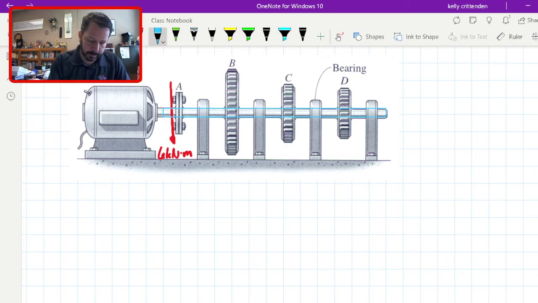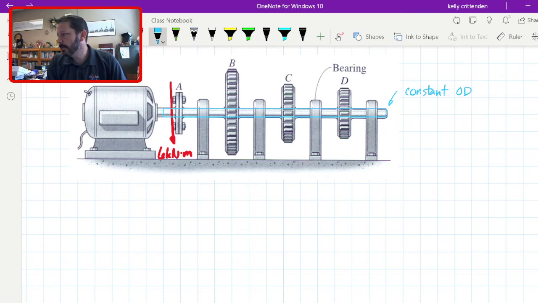So whatever this diameter is at one point, it's the same everywhere else, and it's the constant OD. It is solid. It doesn't specifically say it's solid, but it doesn't give us any inner diameter data. So constant OD, and it's annealed ENGR.